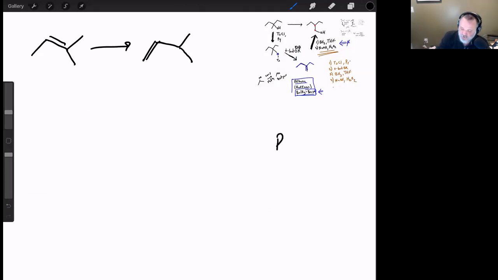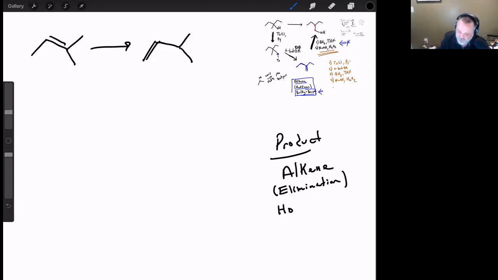So what's going on in this product? The product is an alkene. Right away, this should be telling you something. You only know one set of reactions that leads to alkenes, and these are elimination reactions. Well, what was the alkene? If you think about it from a regioselective or stereoselective consideration, it's a Hofmann alkene.